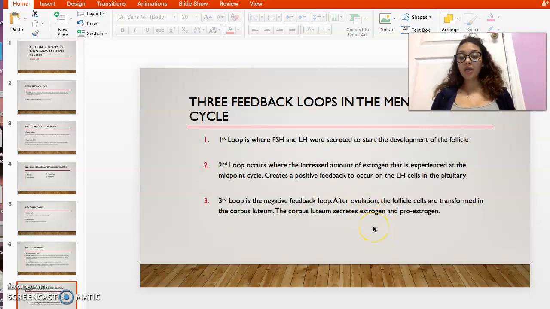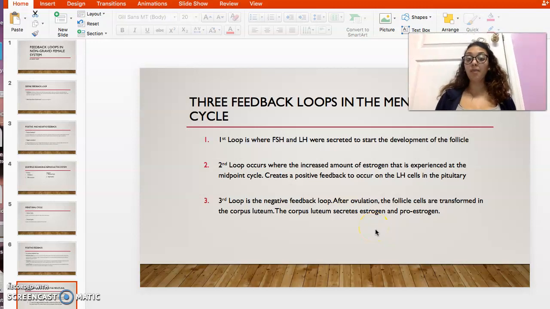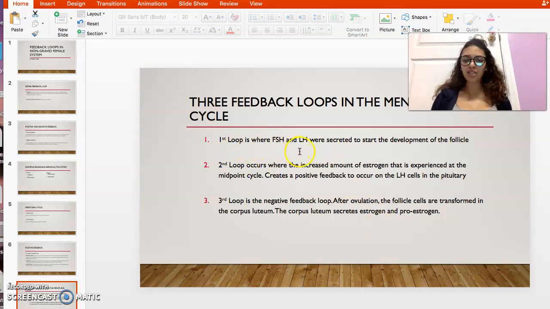Now, moving on, there are 3 feedback loops in your menstrual cycle. Each loop presents something, and I believe they are coded with colors in a diagram, which I did not add here. I believe the first loop is indicated as blue and the third loop is purple. I'm not sure what color the second loop was, but I'm going to go on and explain them.